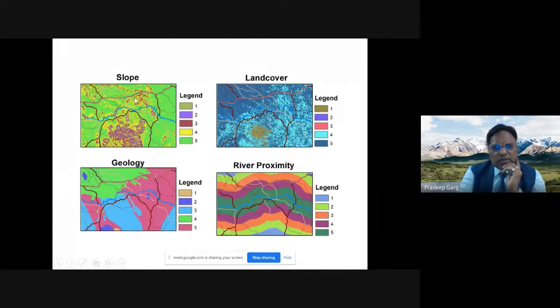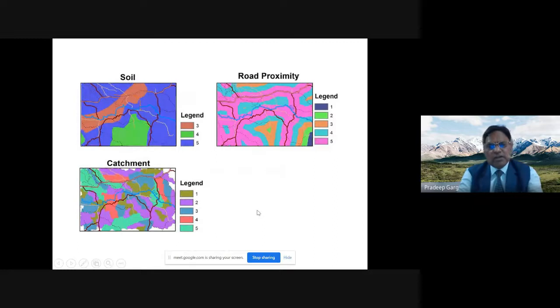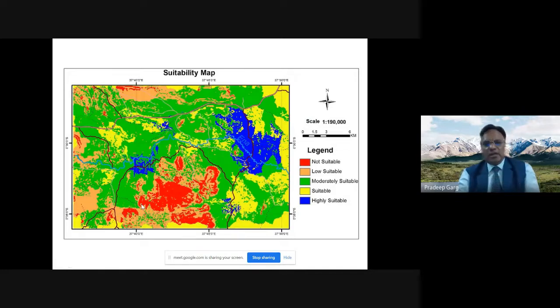Here, for example, there are different themes: slope of the ground, land use and land cover, geology features, proximity to the river, different soil types, and the catchment area. On the basis of that, one can prepare a suitability map.